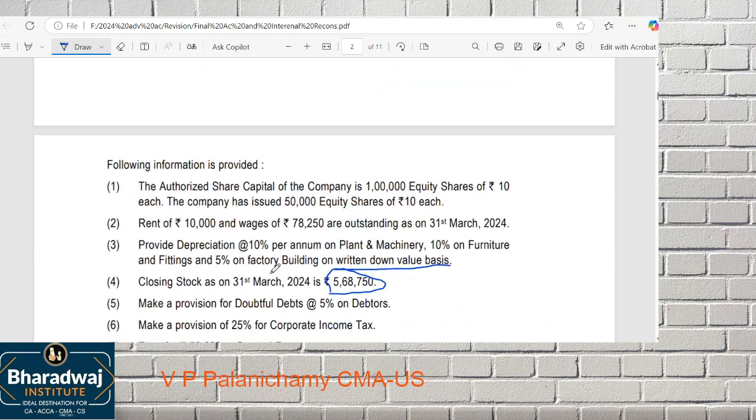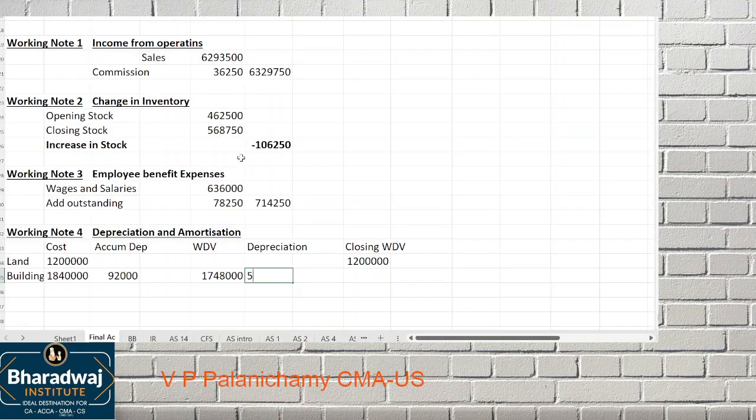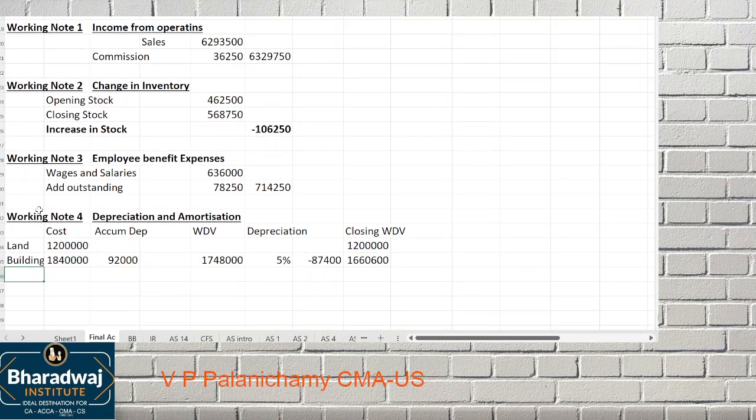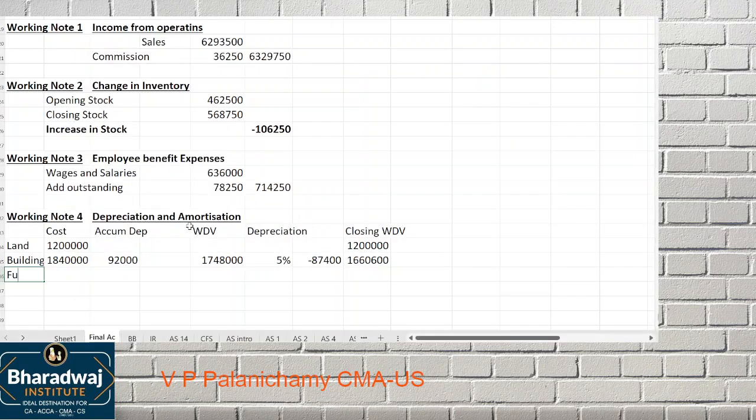What is the rate of depreciation for factory building? 5%. So depreciation will be on this 5%. So closing WDV will be 17 lakh 48 minus depreciation. What is the next asset? Furniture.